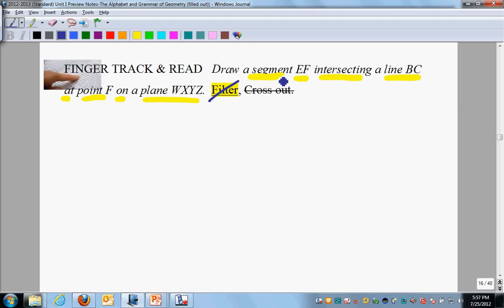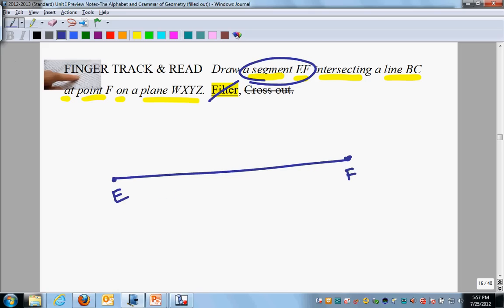Okay, so we're done filtering. So we're going to draw a segment EF. No arrows because it's a segment. We cross it out when we're done. Intersecting at line BC.